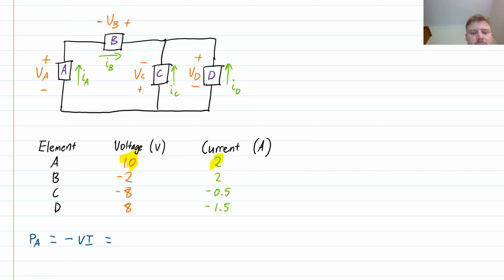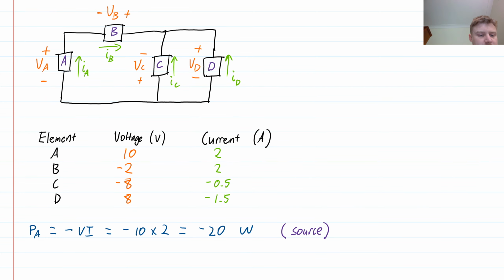I read off the voltage and the current for my A element, and those will be 10 and 2 respectively, so I have negative 20 watts. You should remember that a negative value here means that this component is a source, supplying energy into the circuit.